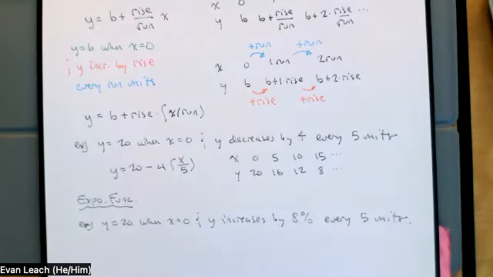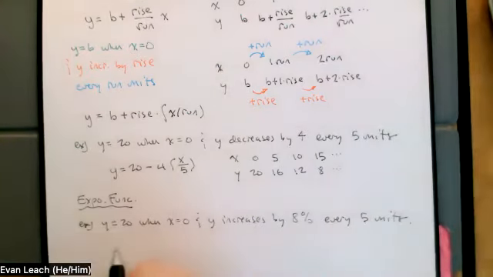It's happening every 5 units. I want the same structure. Start off at 20, do this thing, multiply by 1.08 a bunch of times.